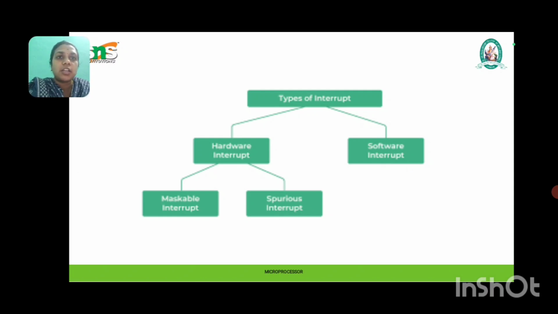The interrupts which are not mentioned and not predefined in the personal computers are undefined interrupts, and these can be used by the programmer for any specific tasks or functions.